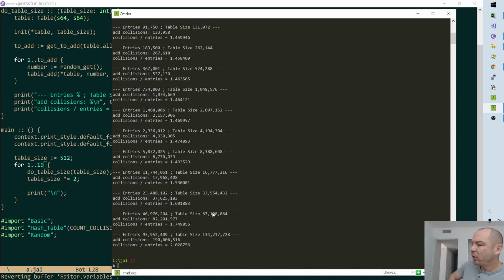Does this test include deletions? No, this is just a very simple add elements to the table. The reason is because I'm trying to observe a science element to it right now. We're not even necessarily trying to maximize the performance of the table, although we're a little bit doing that.